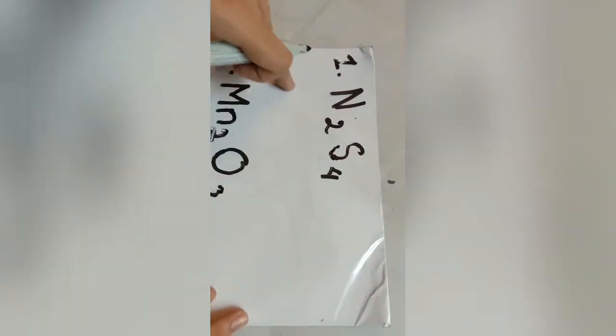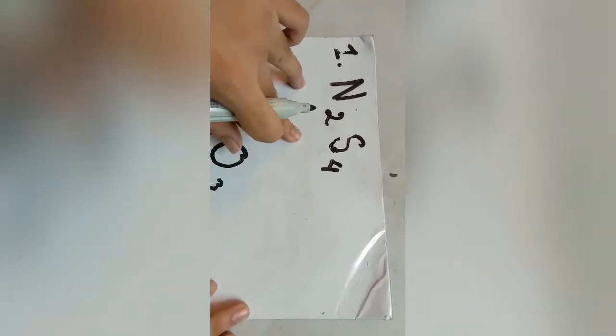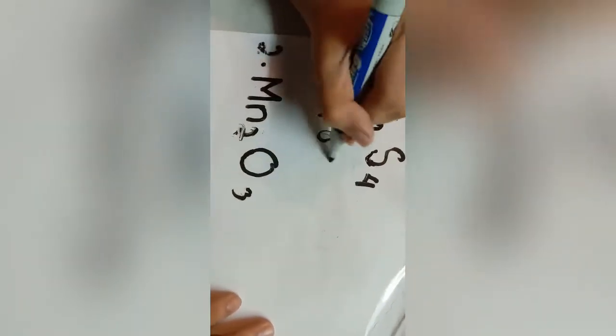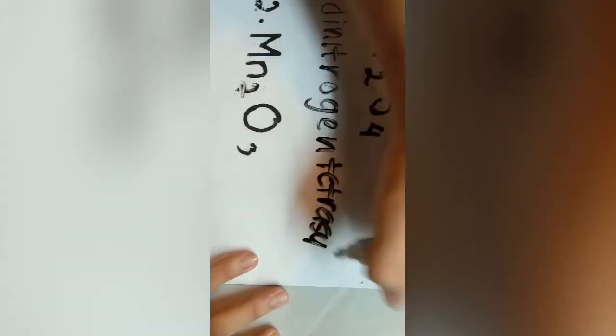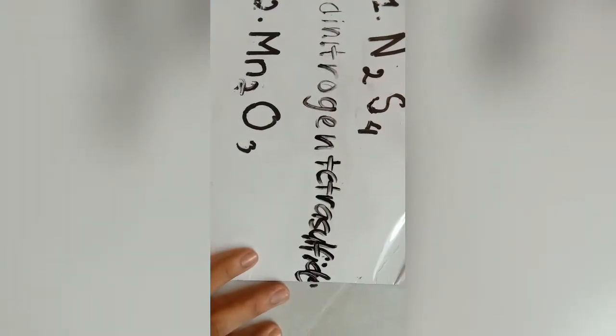Both are non-metal elements, so it is a covalent compound. So we're naming it now. As you can see, it has a prefix on the first element because it is a covalent compound: di.